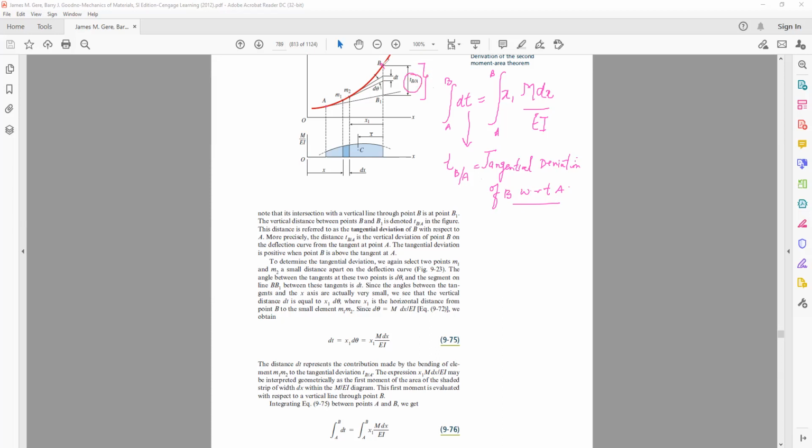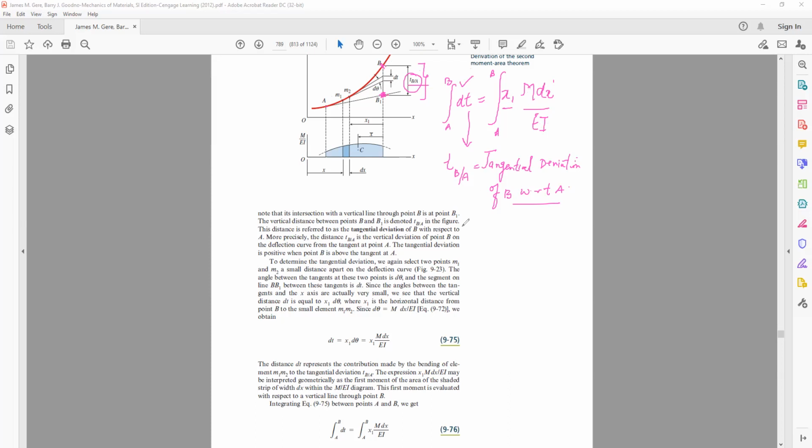This is calculated at point B. From point B, we are drawing a vertical line, and that vertical line from point B intersects the tangent drawn at point A at B1. We say that t B by A is this vertical distance.